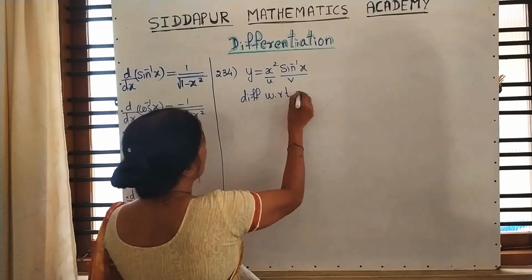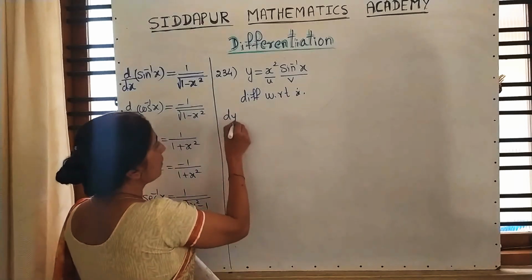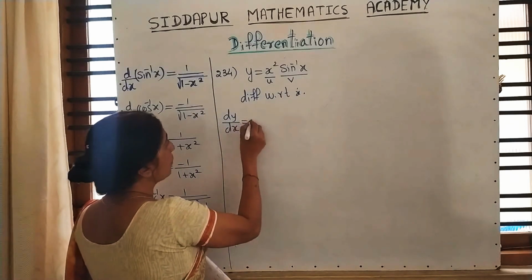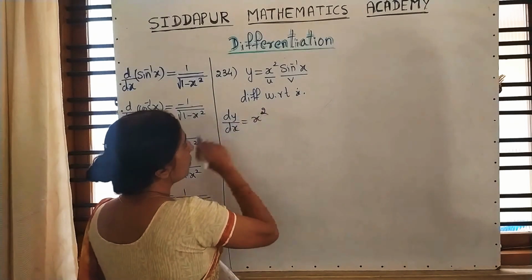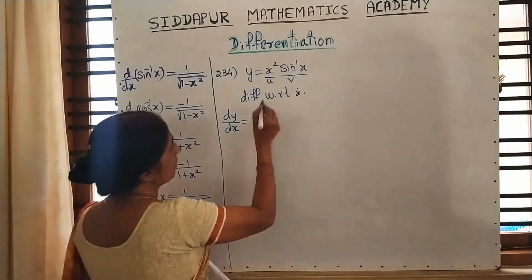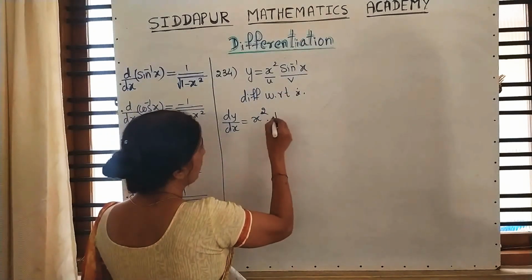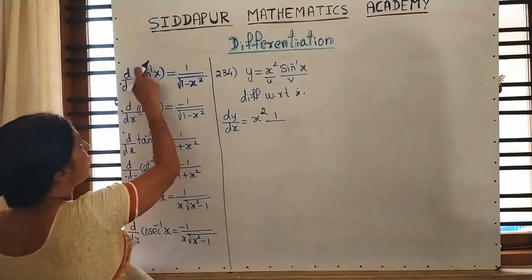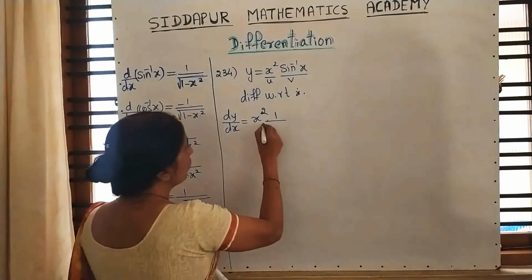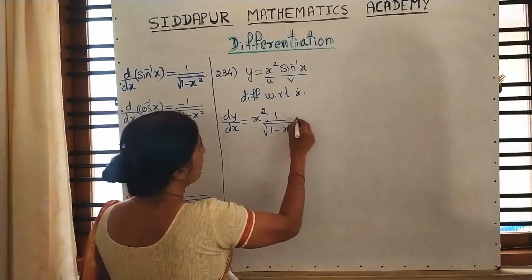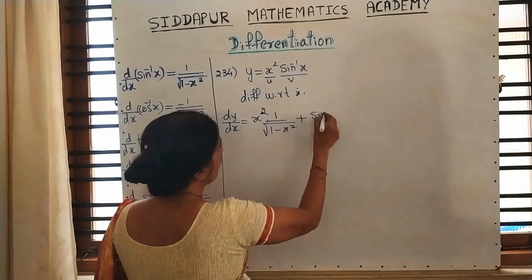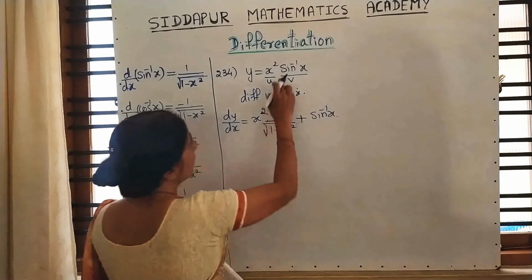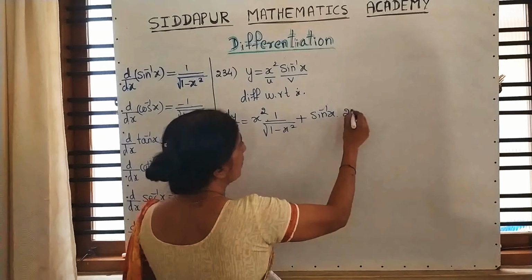Differentiating with respect to x. Dy upon dx is equal to x square. If you want, write on the basic or directly write on the differentiation. What is the differentiation of sin inverse x? Differentiation of sin inverse x is 1 upon root of 1 minus x square, plus sin inverse x as this, differentiation of x square is 2x.